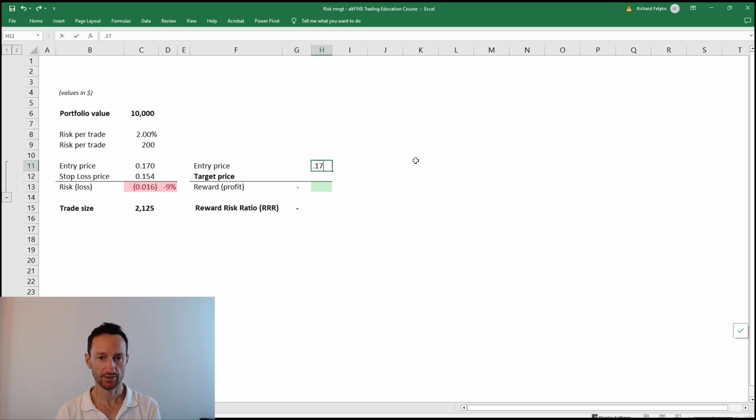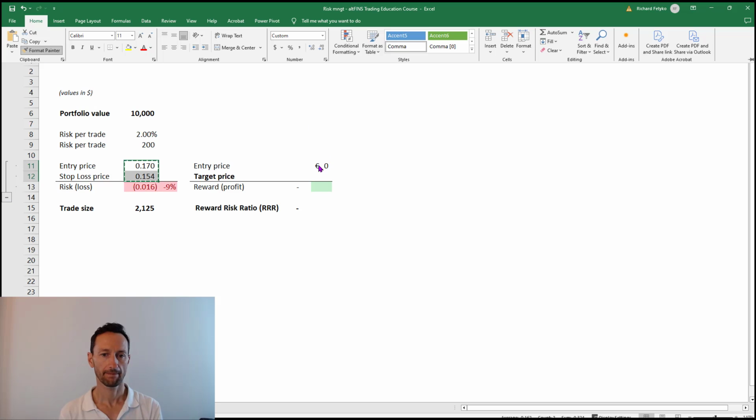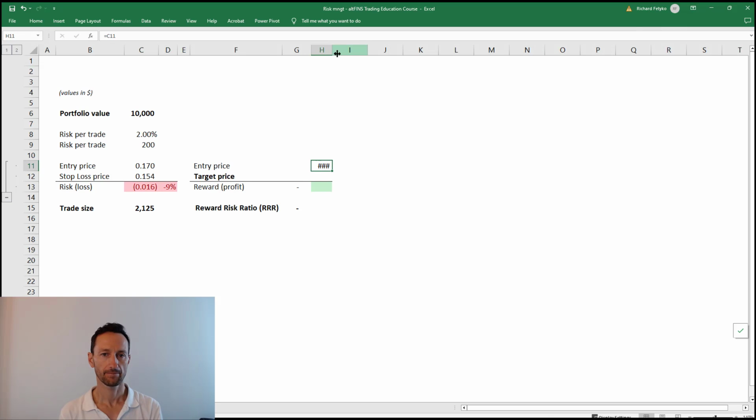If my entry price is 17 cents and my exit or target price is 19.4 cents, I'm typing it into the wrong cells.